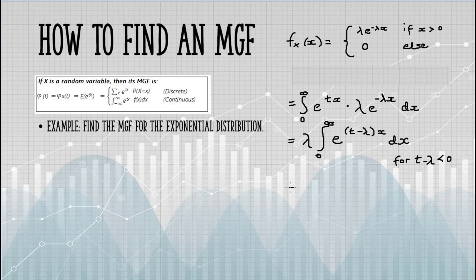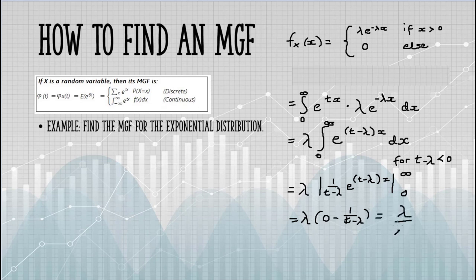When I integrate this function, I get 1 over t minus lambda e to the t minus lambda x, and I'm going to evaluate that between 0 and infinity. At 0, my function is going to be 0, and at infinity it's 1 over t minus lambda. That simplifies to our MGF of lambda over lambda minus t.